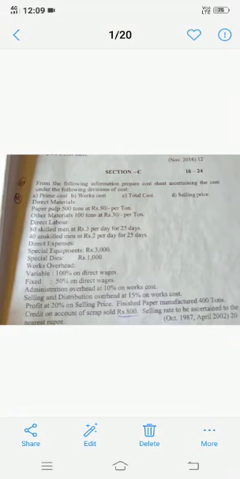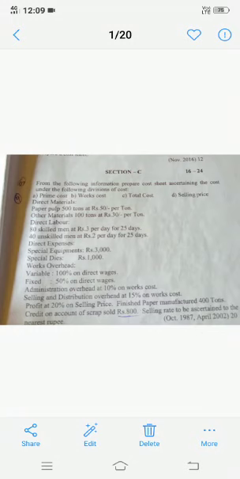They are direct materials, paper pulp 500 tons at rupees 50 per ton, other materials 100 tons at rupees 30 per ton, and then direct labor 80 skilled men at rupees 3 per day for 25 days. Next, 40 unskilled men at rupees 2 per day for 25 days.